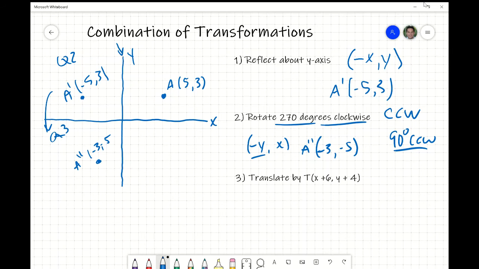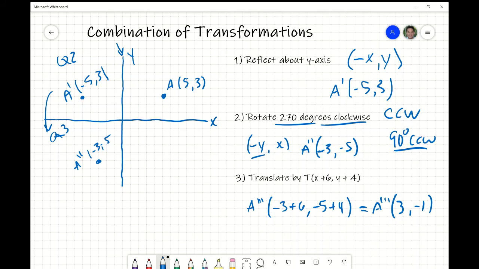Translate by a translation of x plus 6, y plus 4. So A triple prime, the final answer, is going to be -3 plus 6, substituting the -5 plus 4, we get A triple prime is equal to 3, -1.